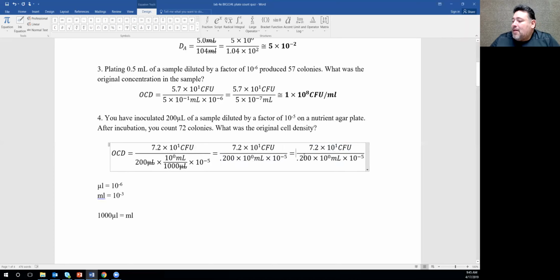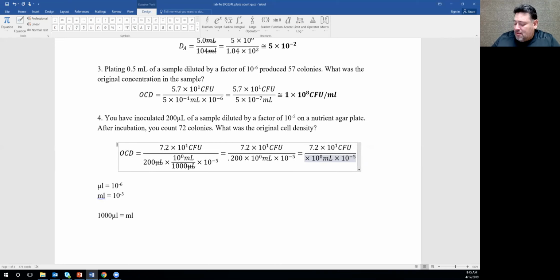All right. Now I need to turn this into an exponential of some sort. Okay. So that 0.2, what does that equal to? Well, that's actually 2 times 10 to the negative first.